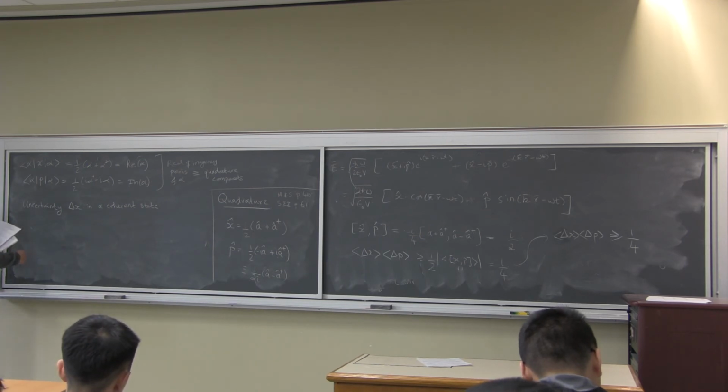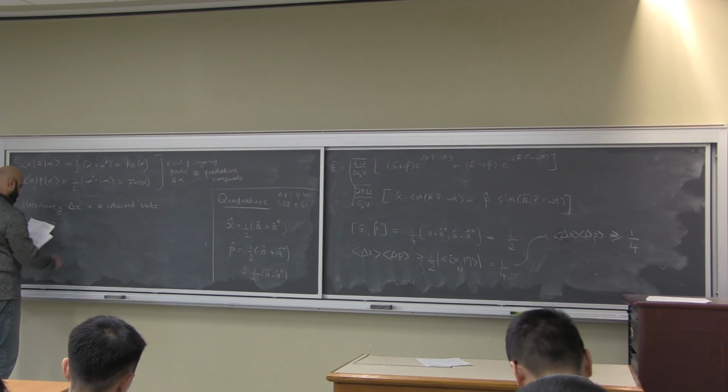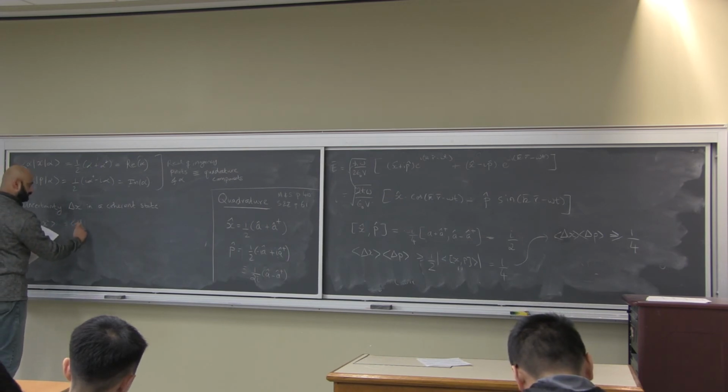And the uncertainty delta x, to evaluate that, of course, I need to evaluate first x squared, right? Because that's what the uncertainty comes from, the fluctuations of x. Okay, so just run through that math, pretty straightforward.